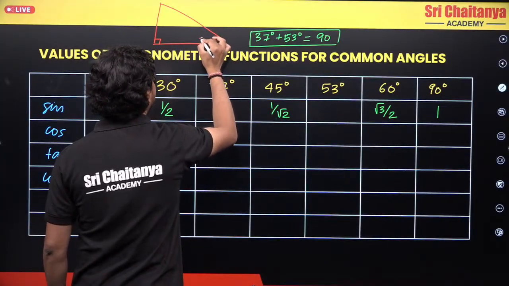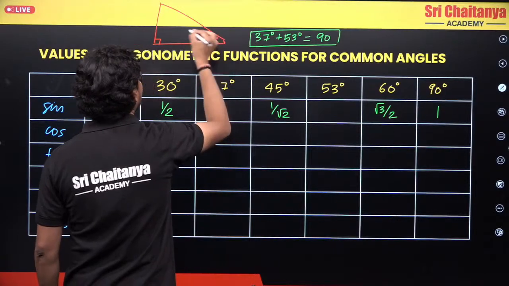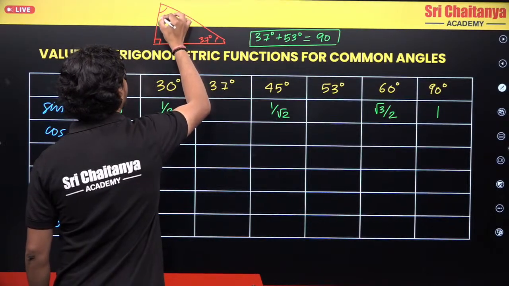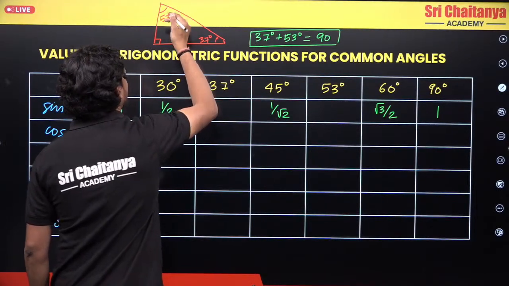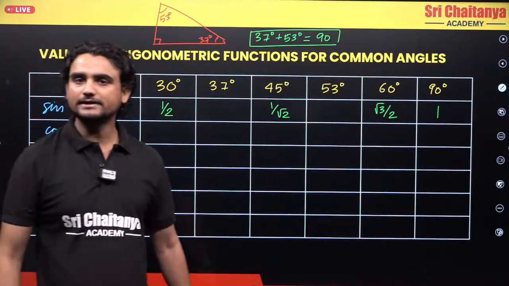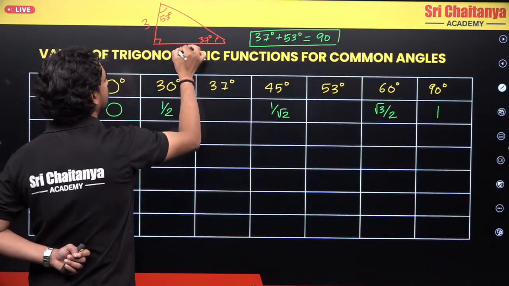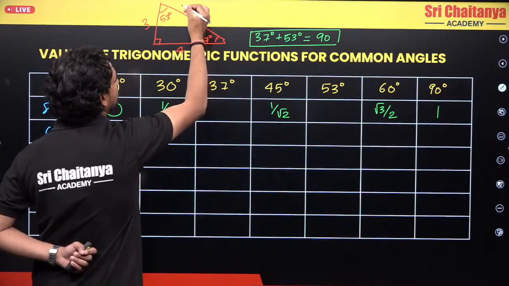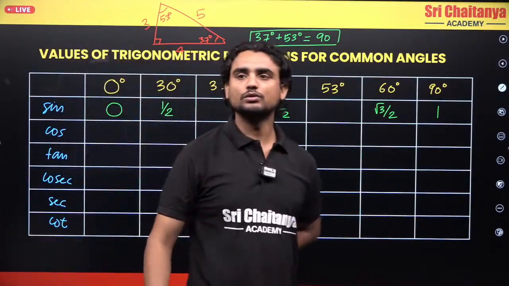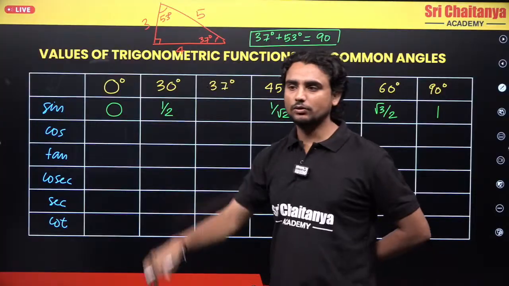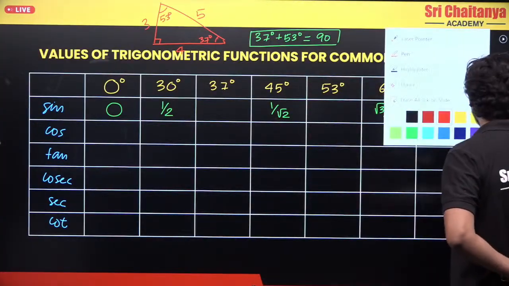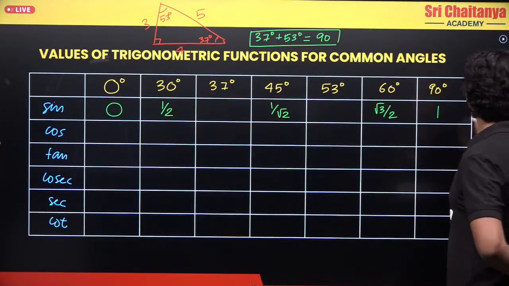Let's say this is 37. This will be 53. So whenever I see something like this, I will remember the triangle of 3, 4, 5. After 3 comes 4 and after 4 comes 5. So if you are able to make this triangle, you can write answer for each and everything. So let's come back here.